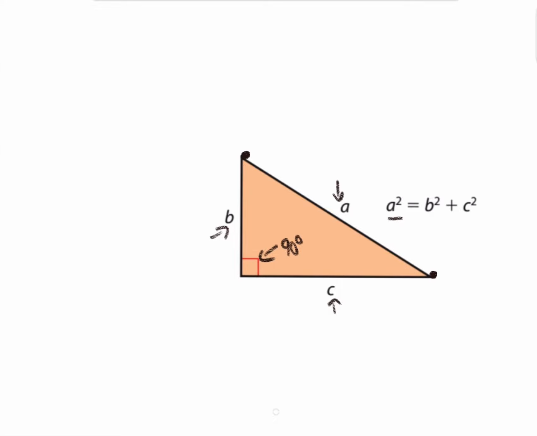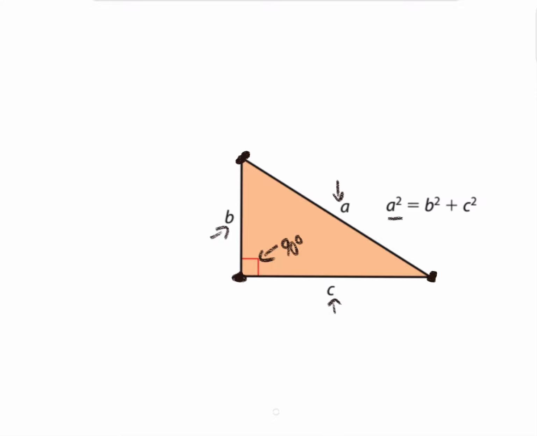If we have A squared, that will be equal to B squared, which is the length of this side, added to the length of C squared, which is the length of this side, okay? So we have three sides to a triangle. And if we square A, we get the same result as if we square B and C and add them together.